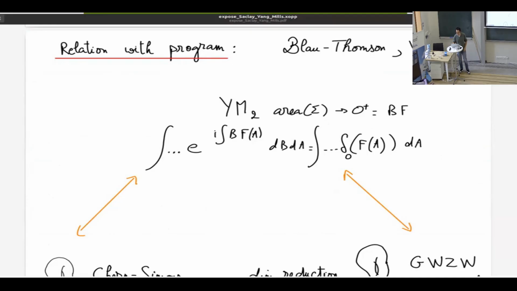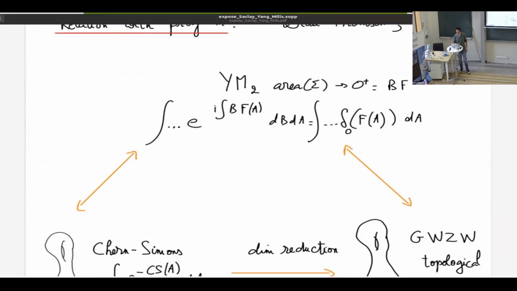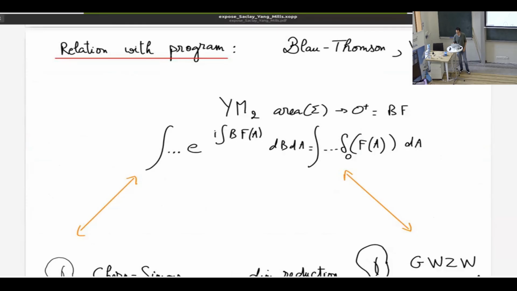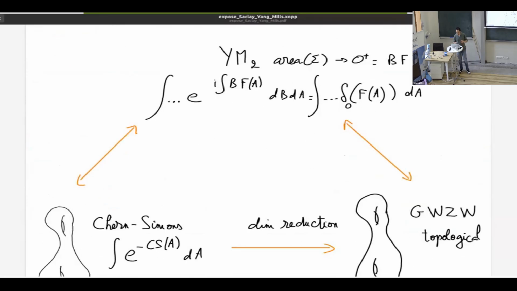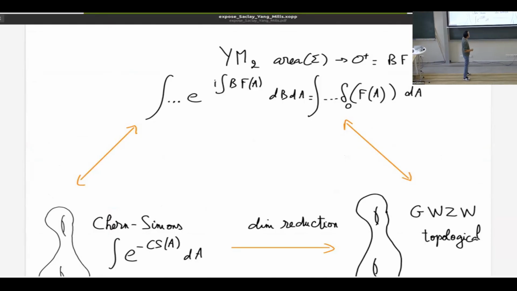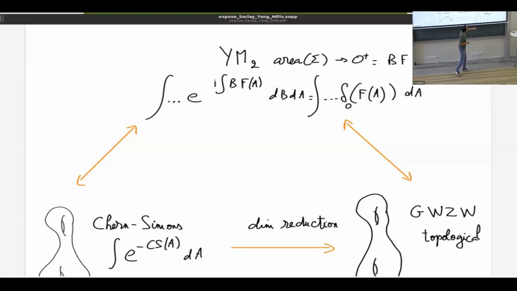Kind of the same reason. Okay, so here I have to connect with the title of the program, so I will say very vague things. This Yang-Mills measure seems to be related to certain topological theories in 3D and certain topological theories in 2D.